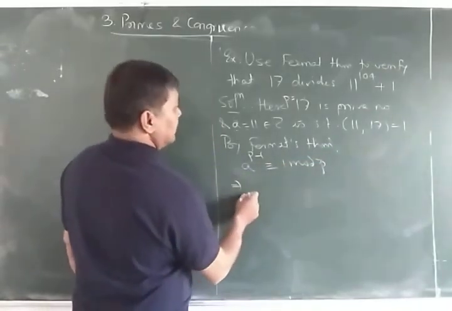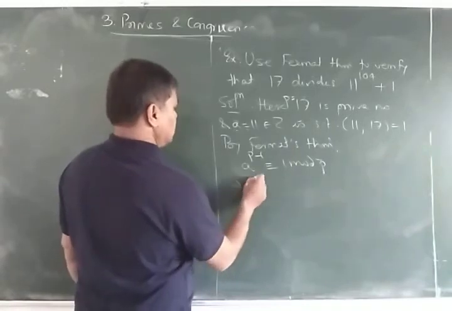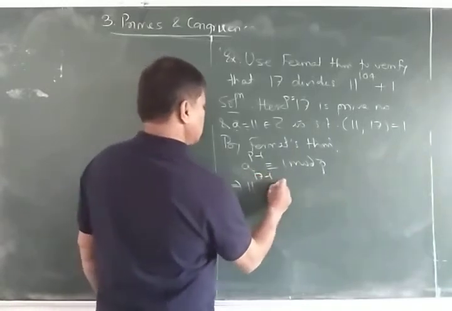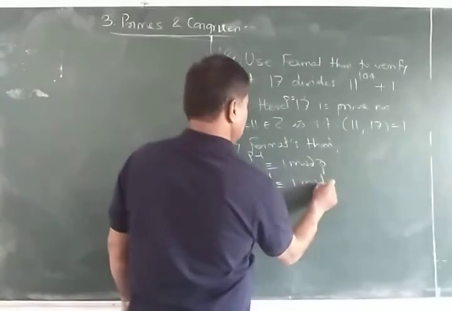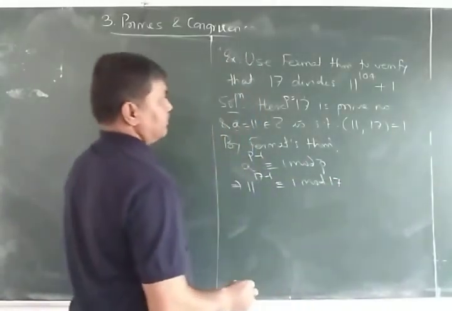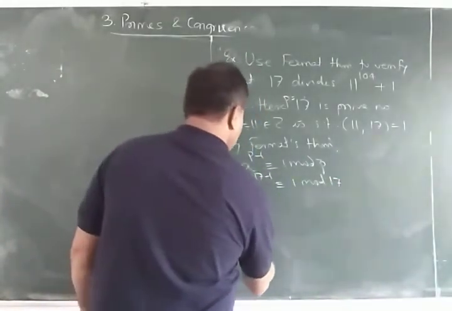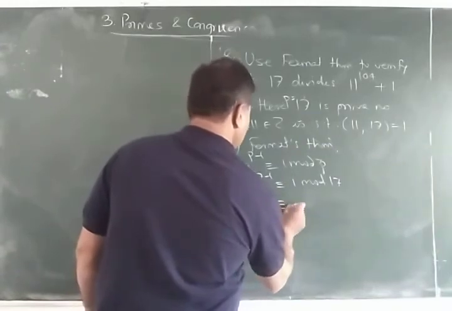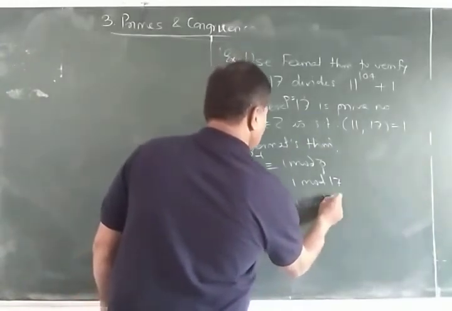This implies 11 raised to 17 minus 1 is congruent to 1 mod 17. Therefore, 11 raised to 16 is congruent to 1 mod 17. Call this 1.